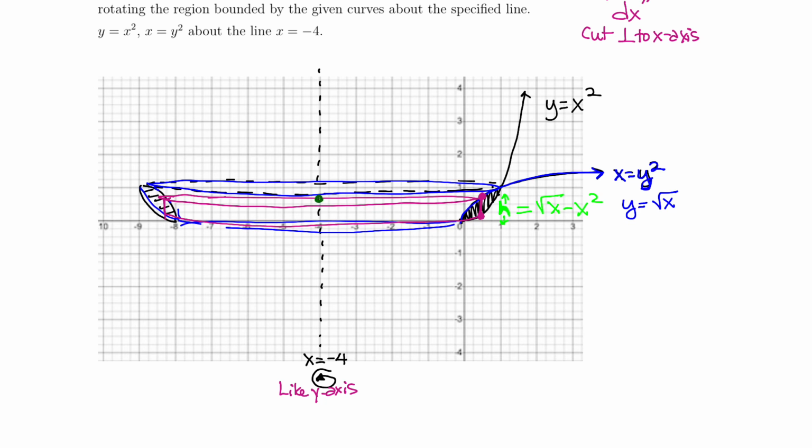My radius is the distance from the axis of rotation to the cut. It's the distance from the axis of rotation to the cut I just made.